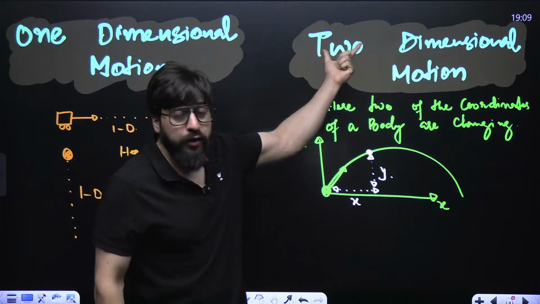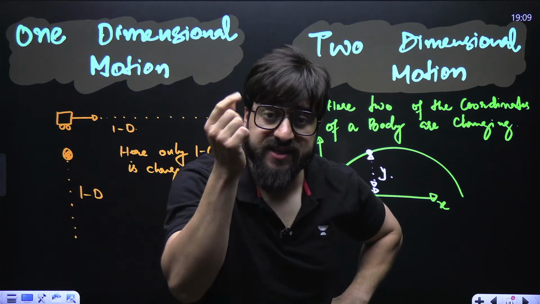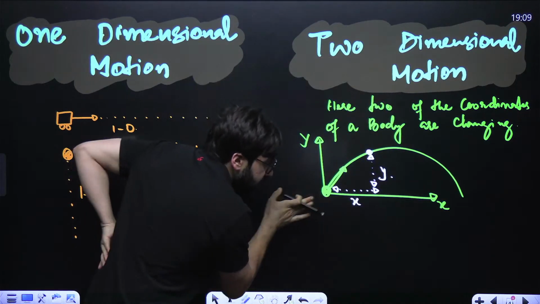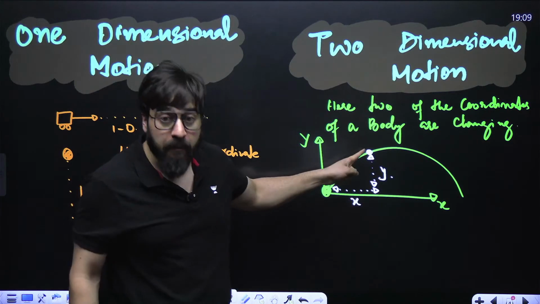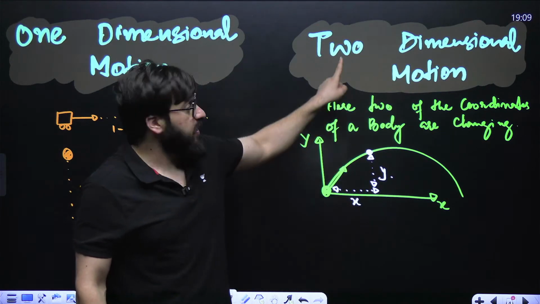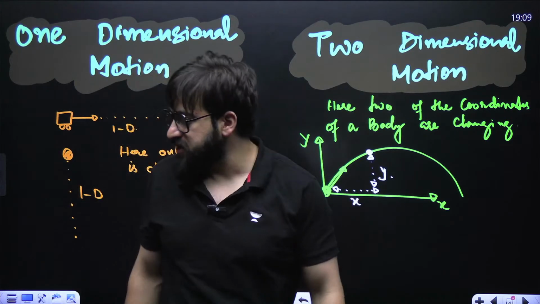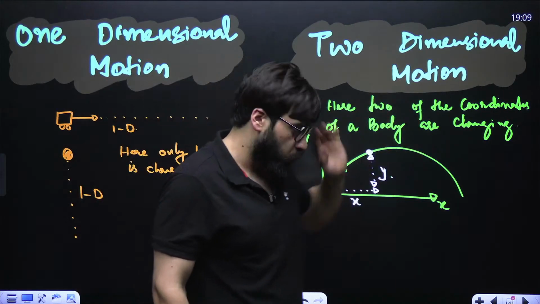Two-dimensional motion is the combination of motion in the x direction plus motion in the y direction. This is the motion in x, this is the motion in y. When you combine these two, it forms two-dimensional motion.